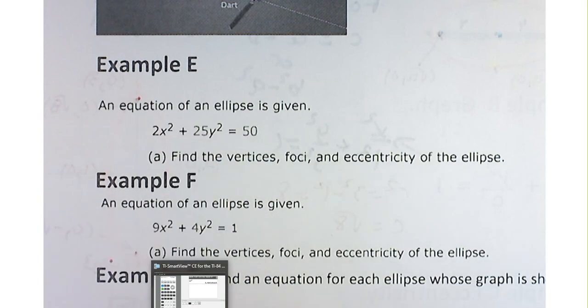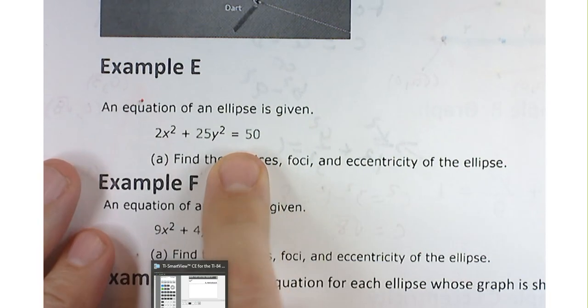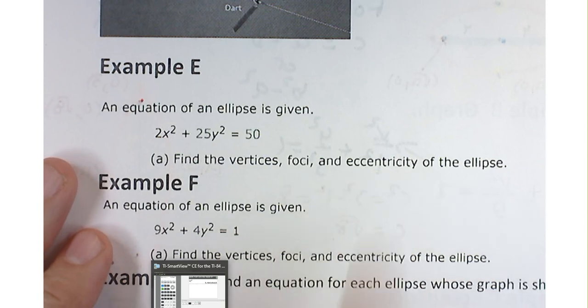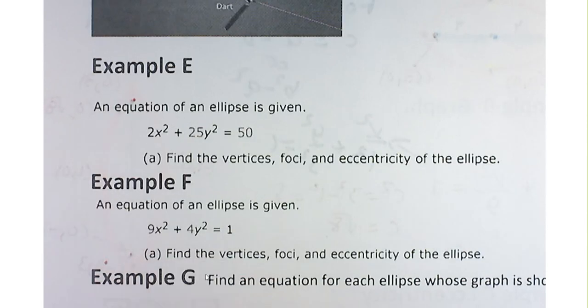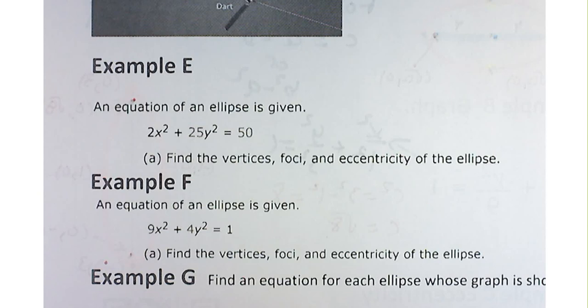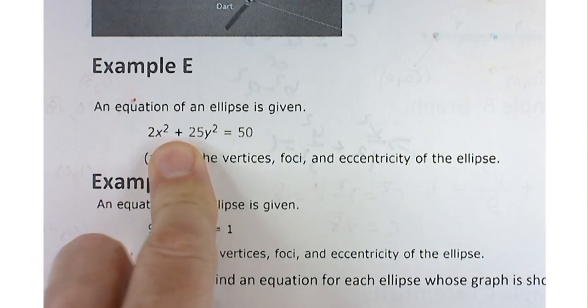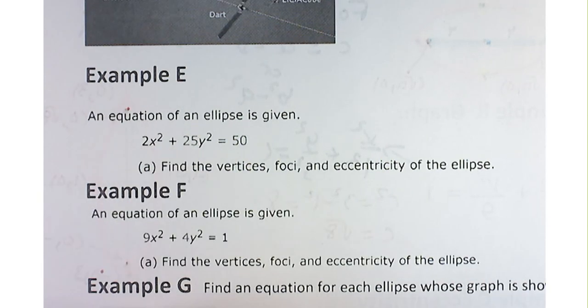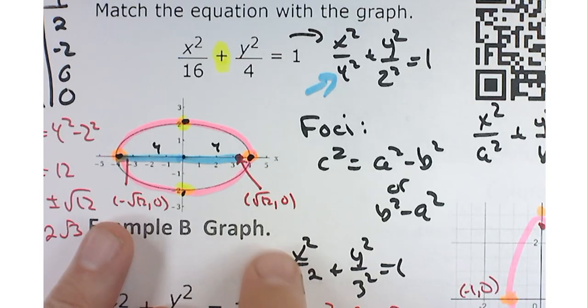Let's work with this one, see if we can find the vertices, the eccentricity, the foci, etc. But again, your big challenge in working with these things is that your equation is not given in the nice form that we had, like say here.